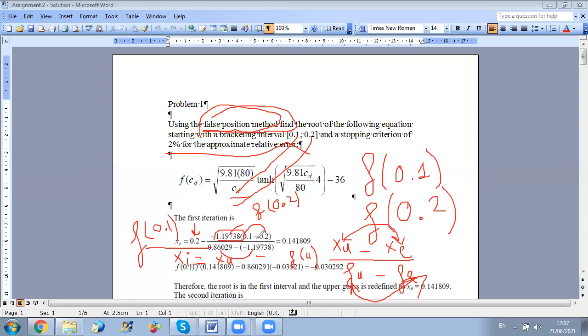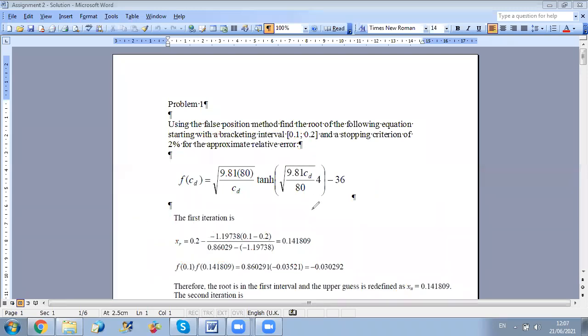Okay. Now, what we will do, we should update the interval. We should check what is the new bracket we will take. To know, we will check the sign of F of 0.1 times F of 0.1418. Another method, okay, some of you asked me in the other session, if we don't want to do the product, we can just compare the signs. Also, it's feasible.